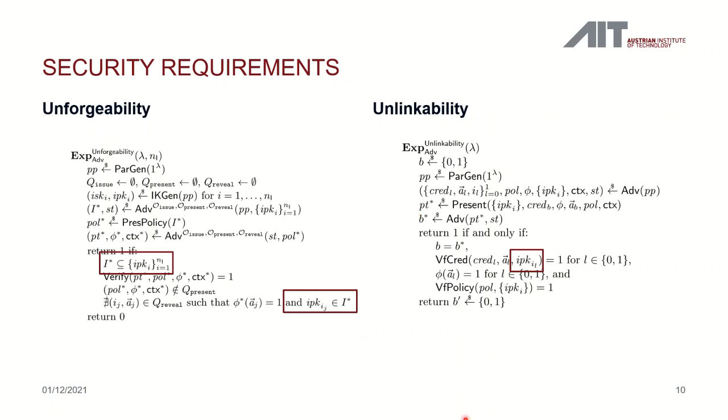The adversary now wins if it guesses correctly which credential was used to derive the presentation token, and if there were no trivial ways to distinguish those two credentials. The main difference to previous definitions is that the credentials might have been issued under different issuer keys.